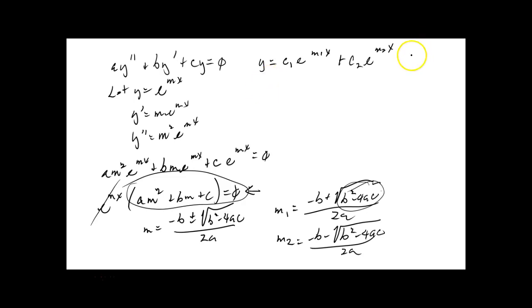When the discriminant is positive, greater than 0, m1 and m2 are distinct roots. Done. When the discriminant is equal to 0, you only get one repeated root. So then you have y is equal to c1 e to the mx. That's one and only one root.